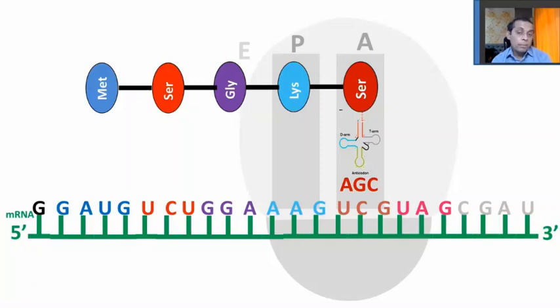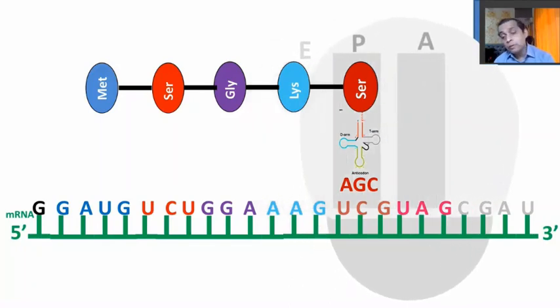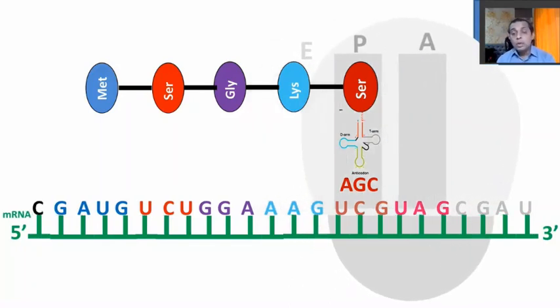Now, how does it stop? The termination. You remember, the termination occurs at one of the three stop codons. It can be UAA or UAG or UGA. As you can see on this mRNA, the next codon is actually a stop codon. Now, what happens when there is a stop codon? Now, the ribosome moves, but this time there is not going to be any tRNA, but there are going to be some release factors.